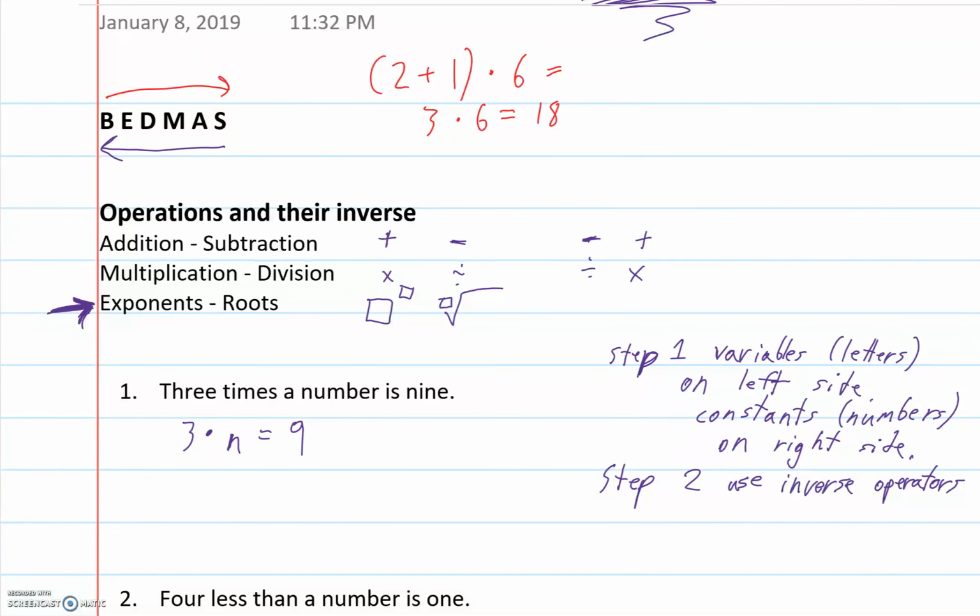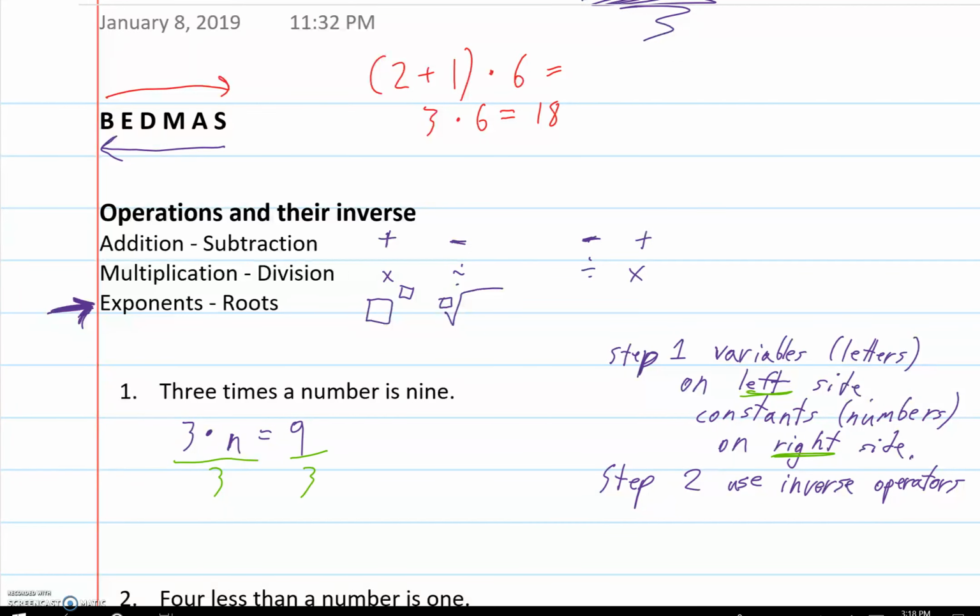In this case, we have 3 times n, which is our variable. We want to leave the n on the left side, and we want to move the number over to the right side. So the 3 we want to move over. We want to do the inverse of 3 times n, which is divide by 3.